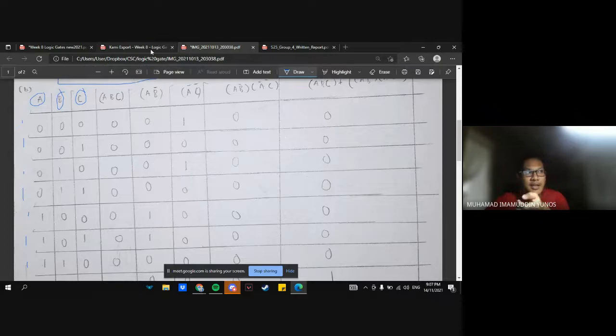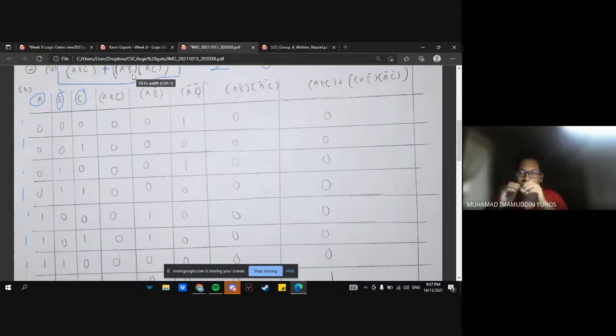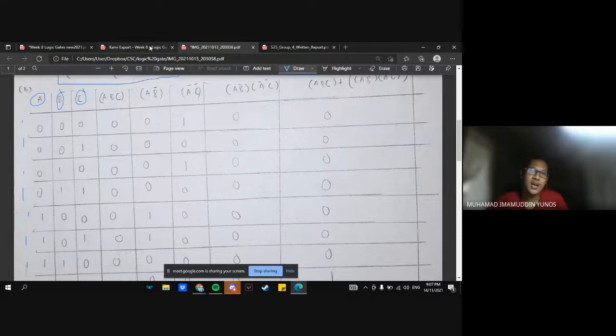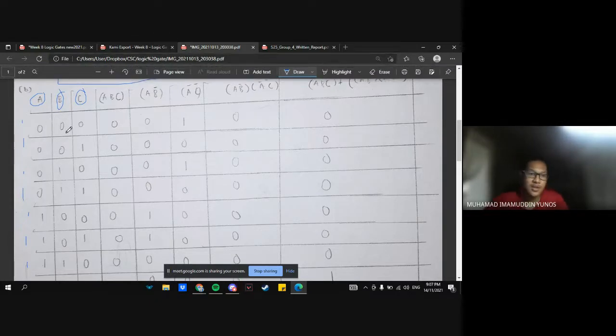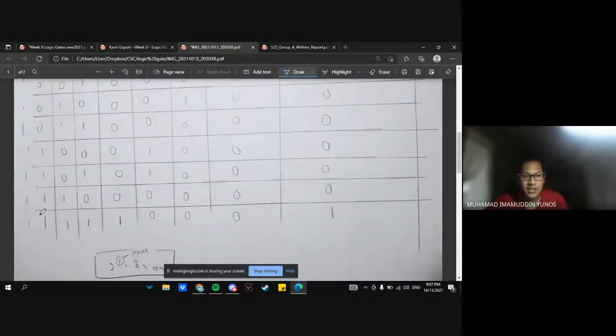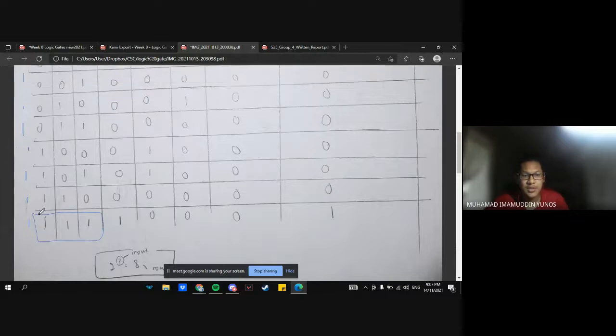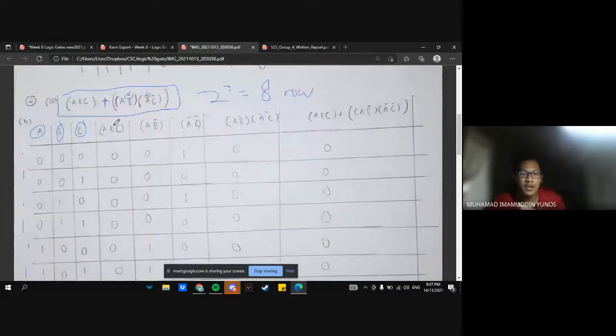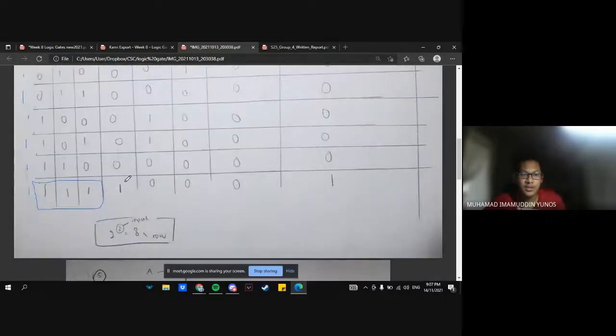Like we say, in order to have the true output, we need to have all the inputs true. Both of the two inputs true. It's the same for three inputs. We must have all three inputs true, and then we can have the output true.